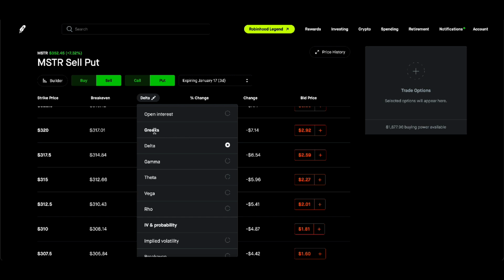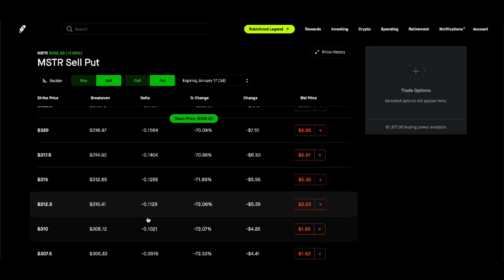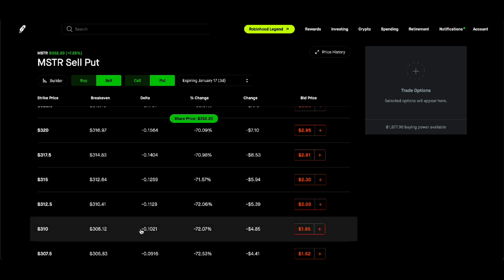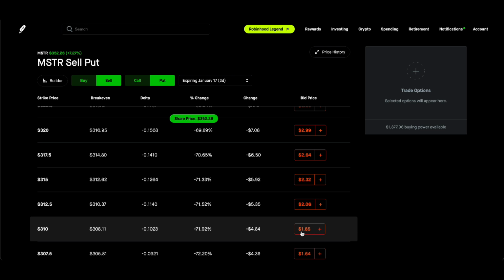But under the Greek section, you'll see delta, the probability of the option being in the money. In this case I'm selecting 0.1 delta, somewhere around here, so a $310 strike price. In 3 days, I'll be able to make $185 for the $31,000 that I invest.